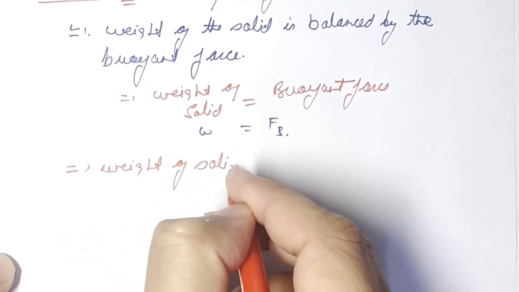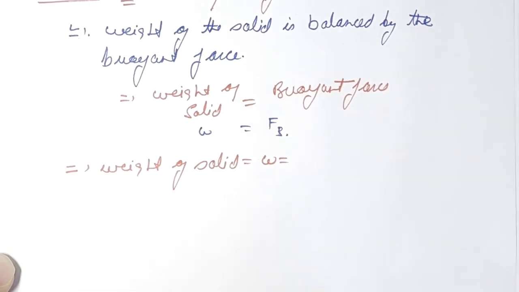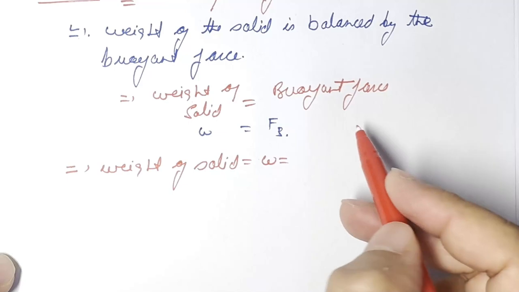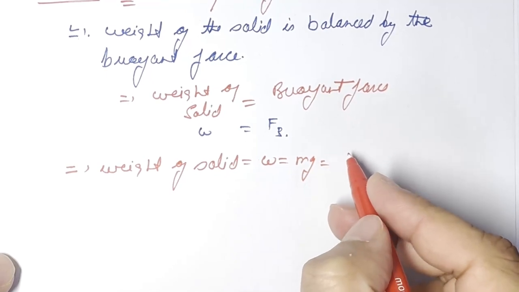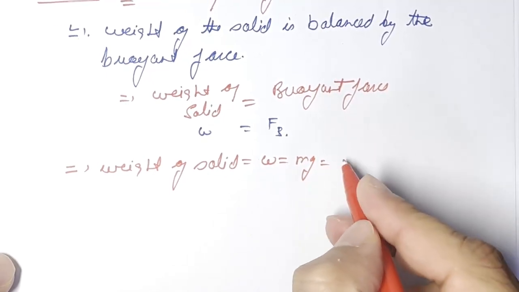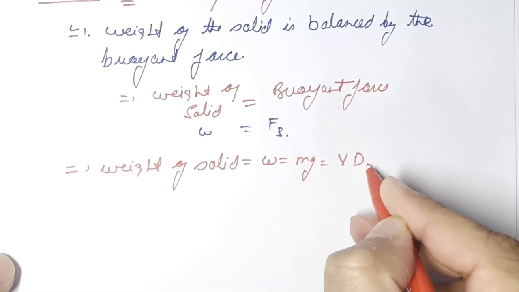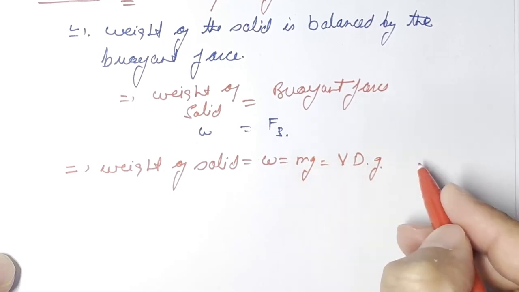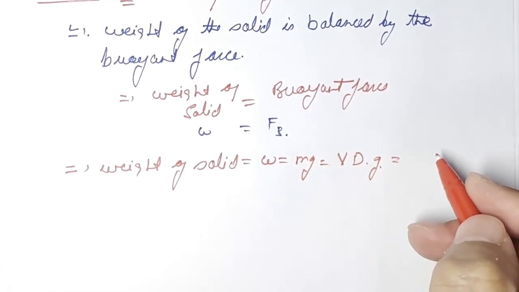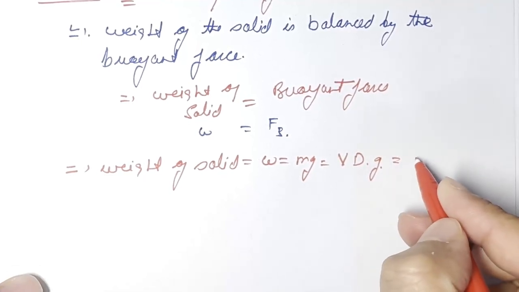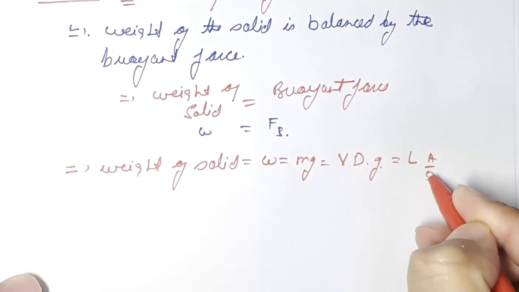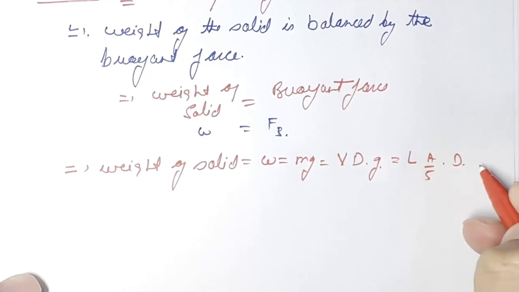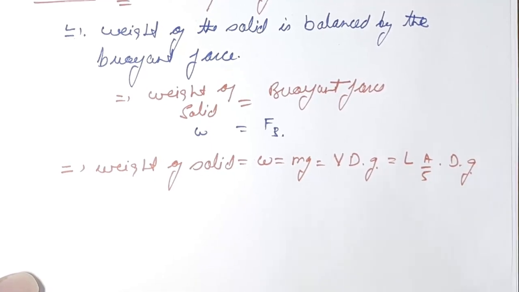Weight of solid, which is W, and that will be equal to our mg, and we can write this will be equal to volume multiplied by density multiplied by g, and this volume we can replace in terms of length, and the area of cross section is given as A by 5 multiplied by D multiplied by g. So this is our weight of the solid.